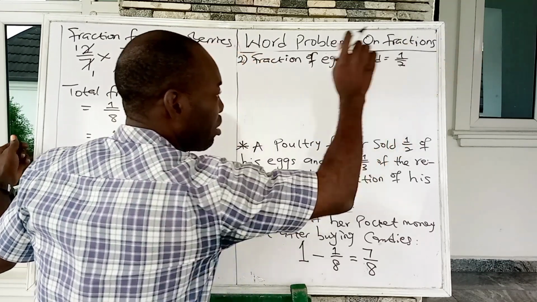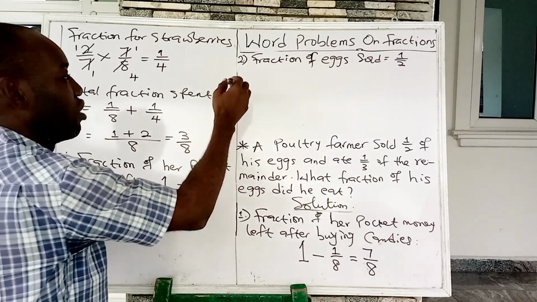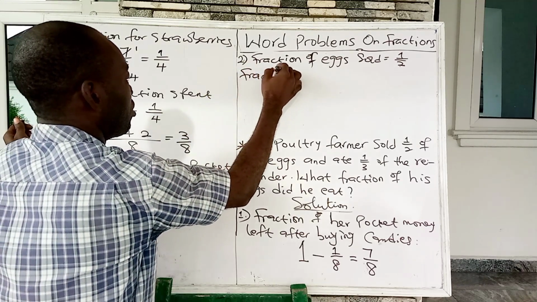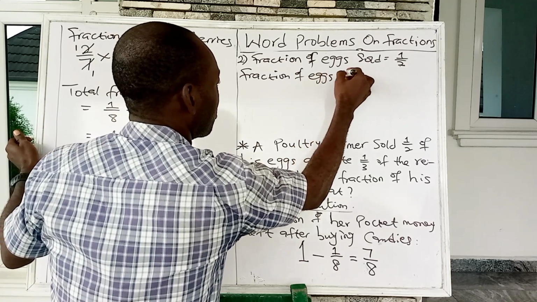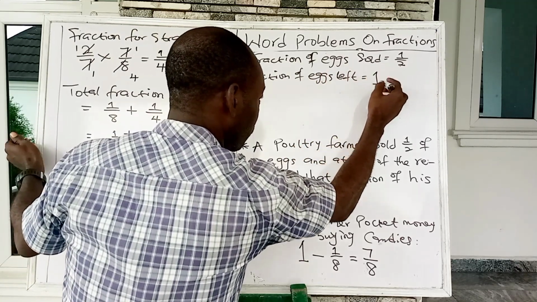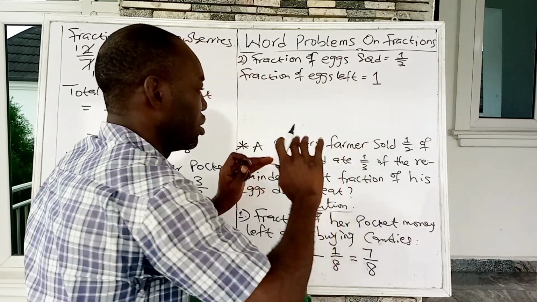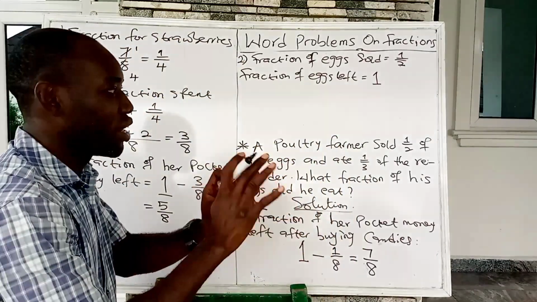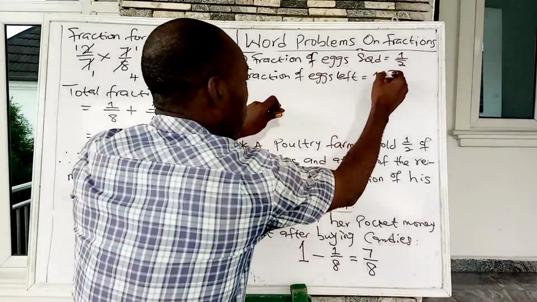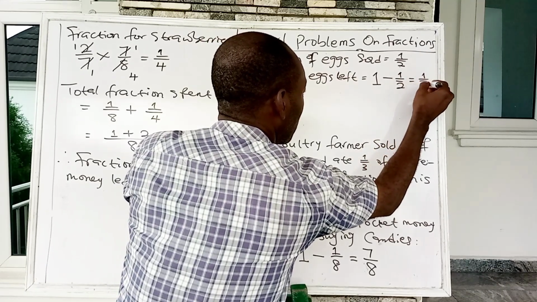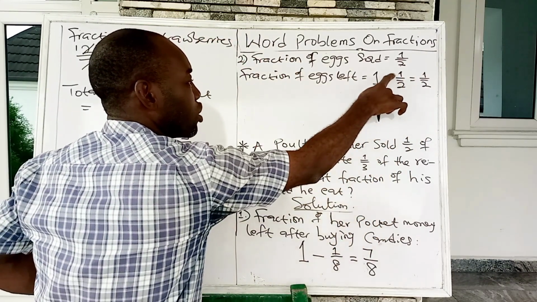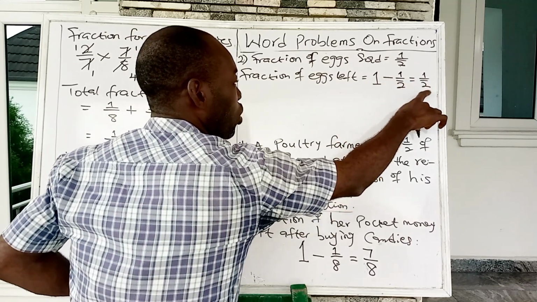Now, if the farmer sells this, what then is the fraction left? The fraction of eggs left will now be a whole, which represents the total number of eggs when the farmer has not sold any out of it, minus what the farmer sold. And that will give us 1/2 again. Applying the same principle, 2 minus 1, that's 1. The denominator will remain the same.